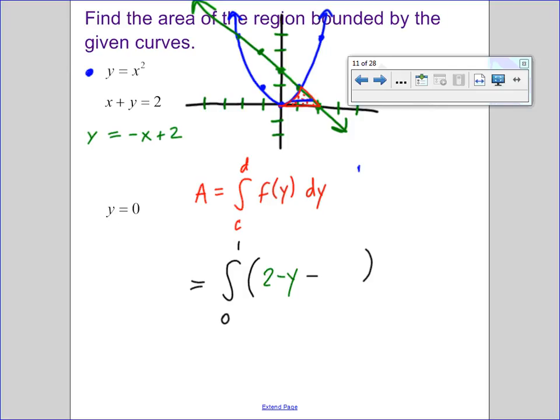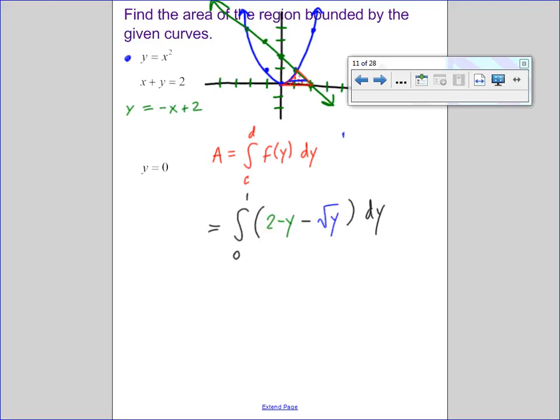My left curve would be the blue parabola, x equals plus or minus square root of y. And which one would I want? I would want the positive one because I'm in the first quadrant. Yes? So 2 minus y minus square root of y, dy. Awesome.